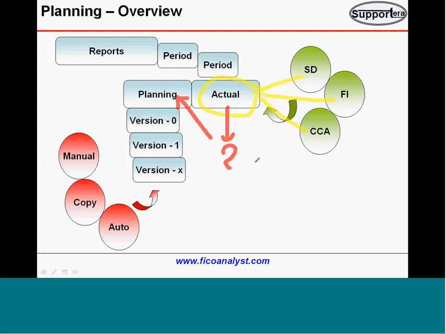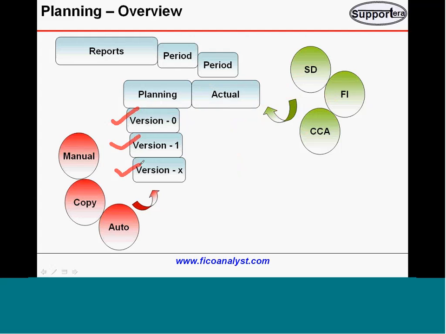What is planning? It is equivalent to the actuals: the way that you are getting the actuals, the same way you are going to have the planning, right? First and foremost, when you're talking of planning, you cannot have any planning unless you have versions defined, right? So version 0, version 1, version X, like that.